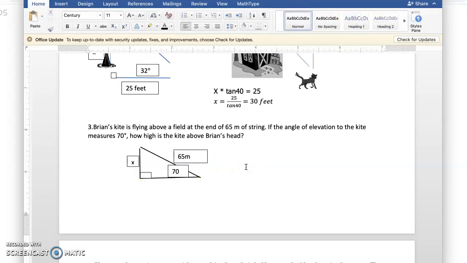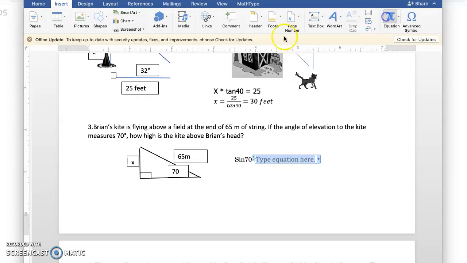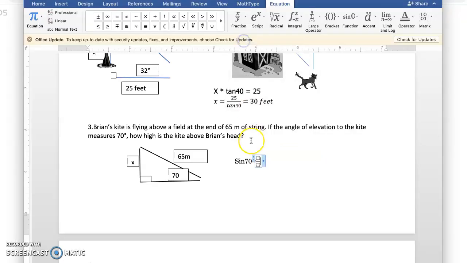And then I want to determine what trigonometric function I should use. And for this, I would probably think sine because it's opposite over the hypotenuse. So I would have the sine of 70 is equal to the opposite, which is x, over the hypotenuse, which is 65.